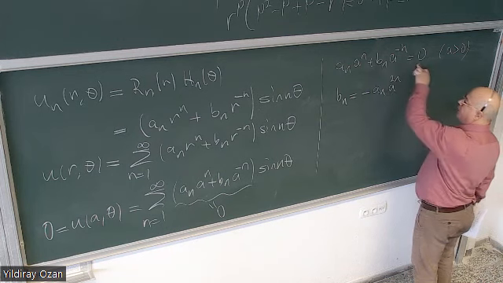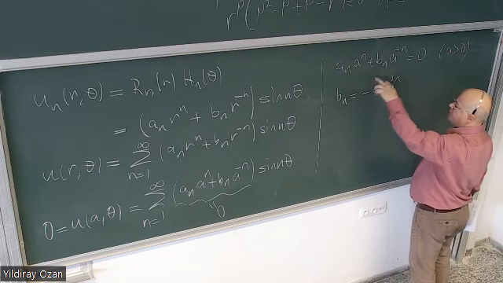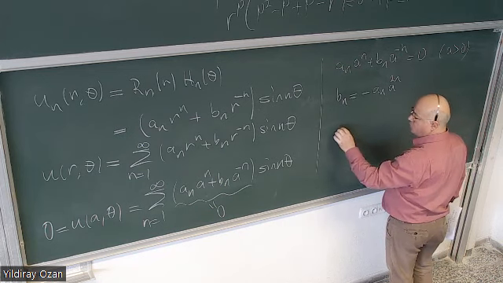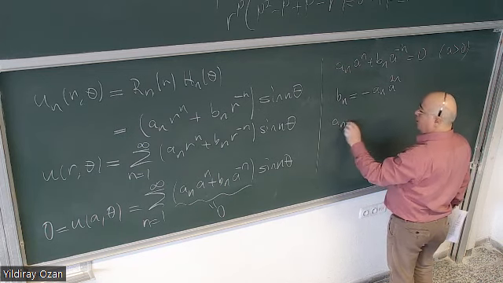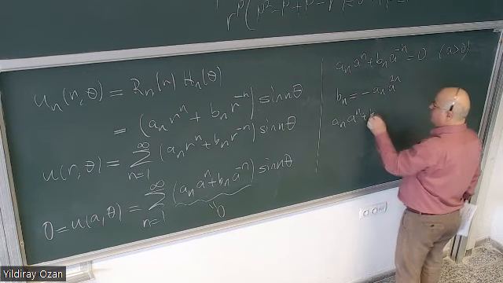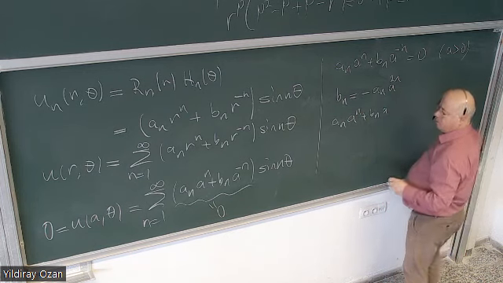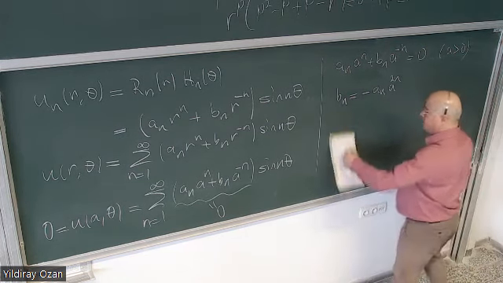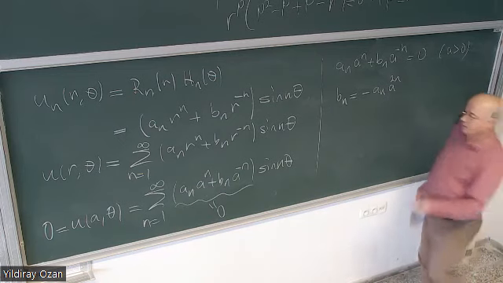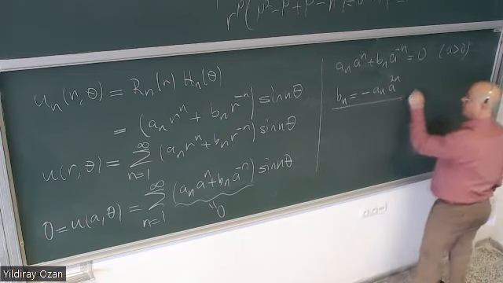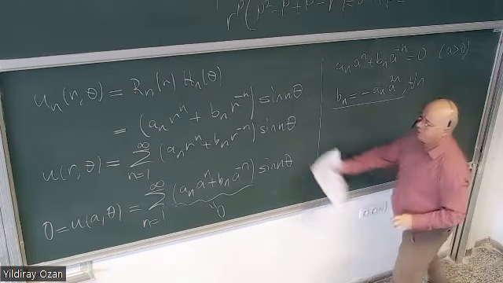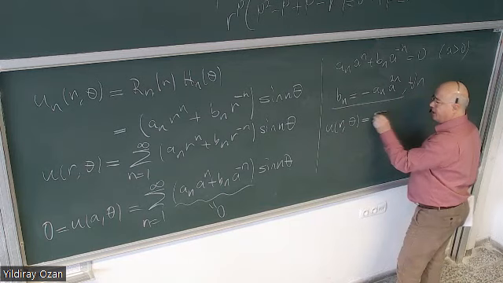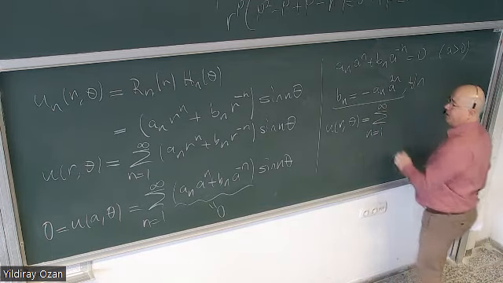Yani bunu diğer tarafa atıp a üzeri n'le çarparsanız bunu elde edeceksiniz. So let me just plug it here. Okay, let me just use this information to rewrite u r theta. U r theta is then the sum n from 1 to infinity.